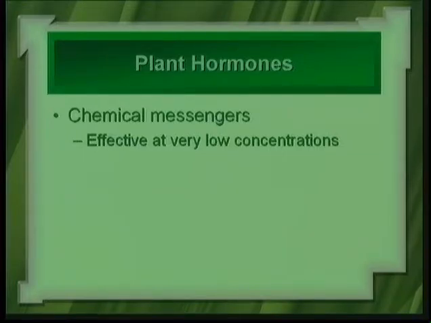So even if the plant or the animal is only making low concentrations of these hormones, as long as the body is balanced, as long as everything's going fine, the body of the plant or the animal can carry on with what it needs to do in order to survive.